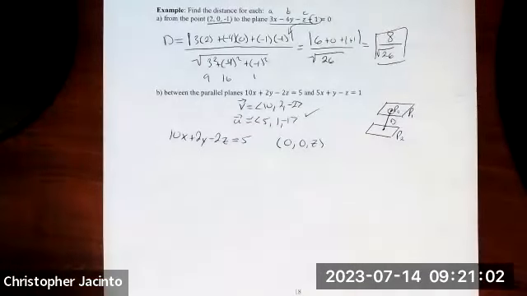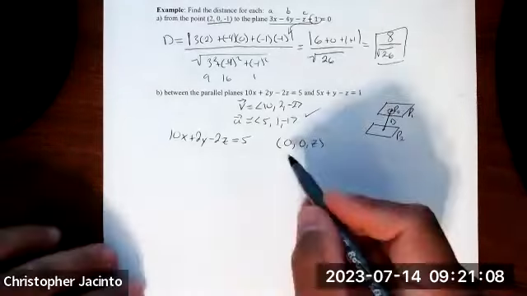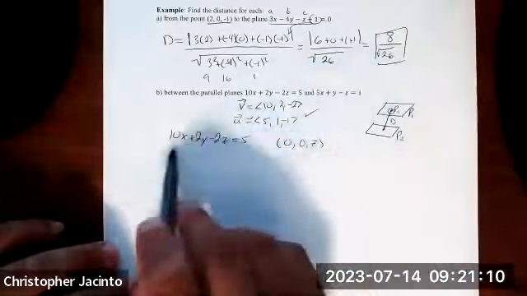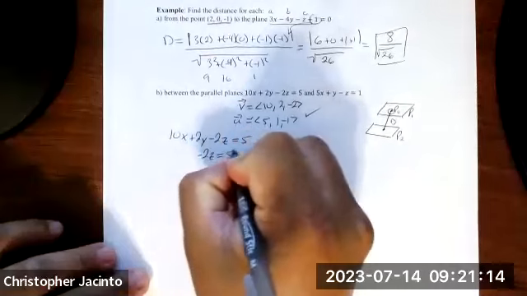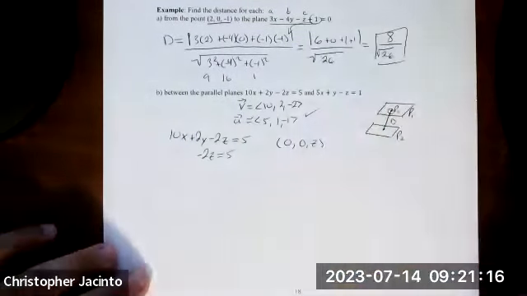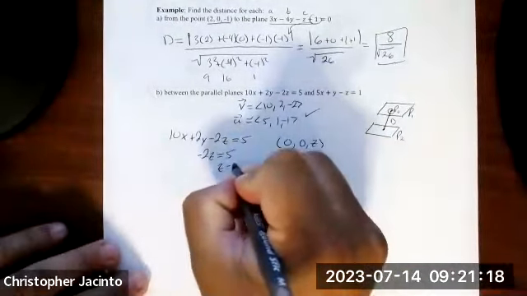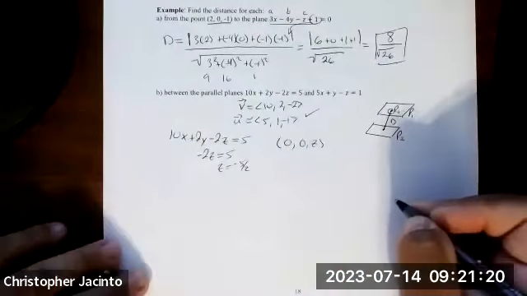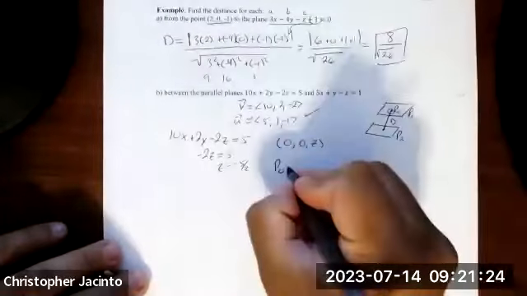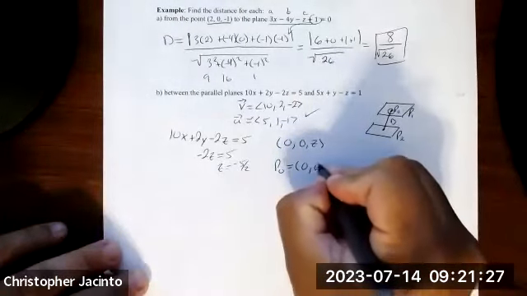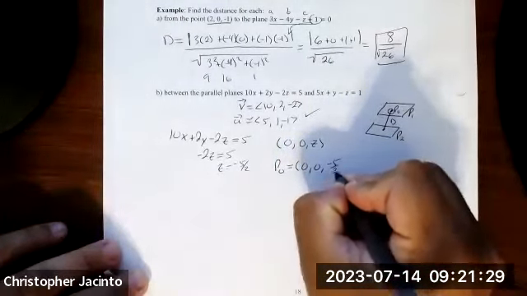And again, it doesn't matter what point I choose because the distance is always going to be the same. So now if I plug both 0, 0 into this equation, I just get 2z is equal to 5. And I just solve for z. So z is equal to -5 halves. So my initial point P naught on this plane is going to be 0, 0, -5 halves.